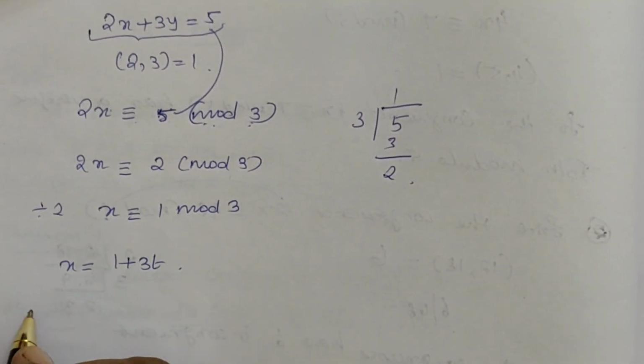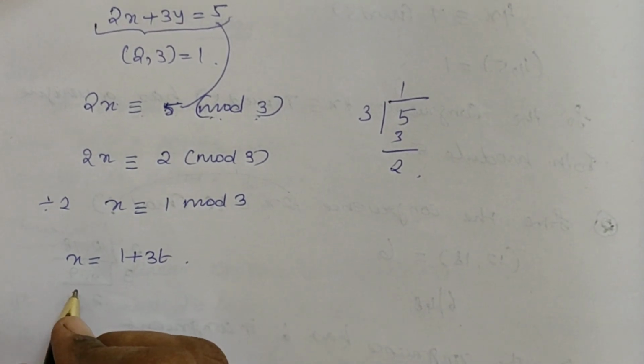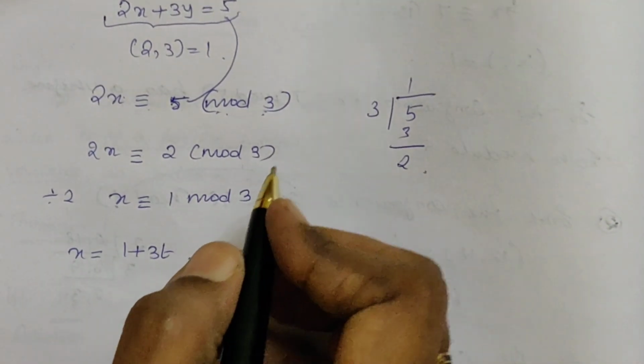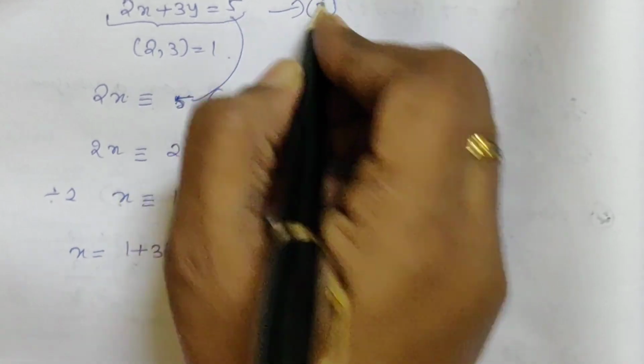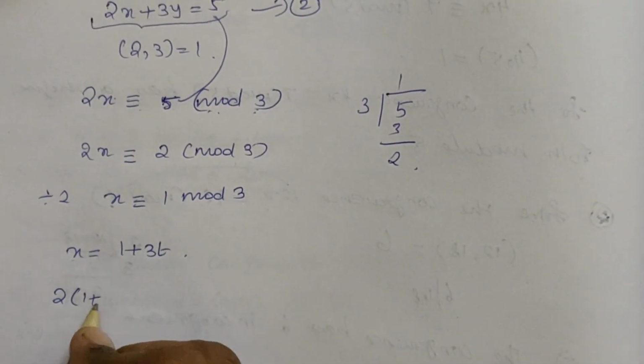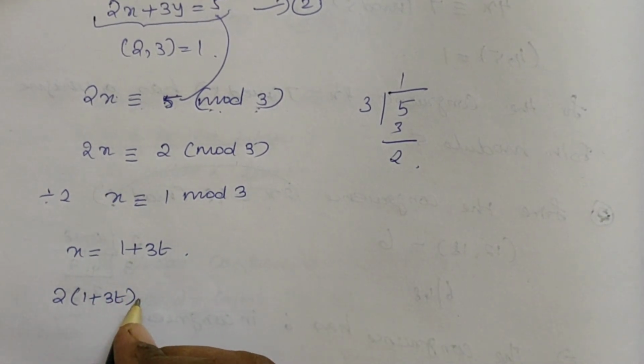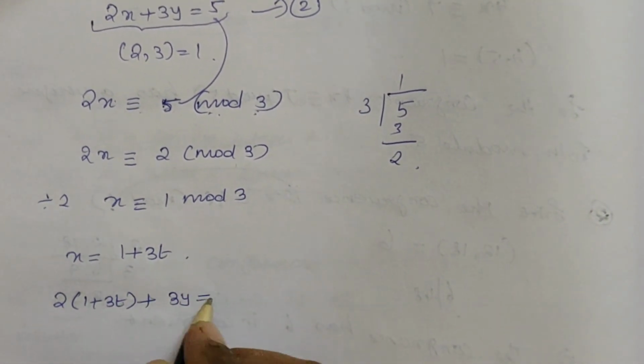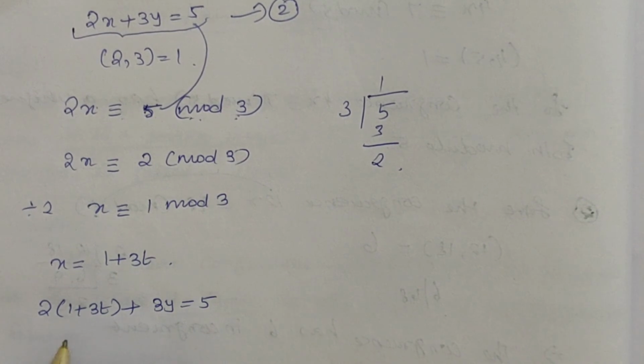Now substitute x = 1 + 3t in equation number 2. Then you will get 2(1 + 3t) + 3y = 5.